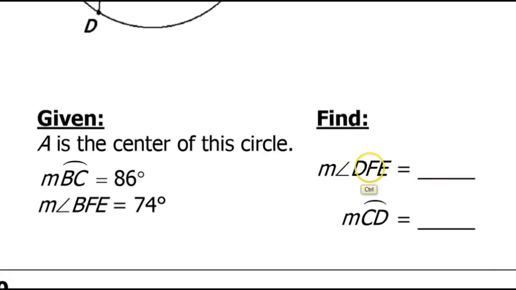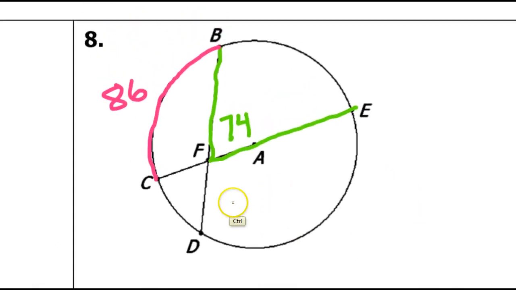Let's see. They're asking us for angle DFE. All right. DFE is right here. So, you know what? We can go ahead and find that now. So this is what we're given. And now they're asking us to find the measure of angle DFE. Angle DFE is this angle right here. Okay, they're asking us to find this. Well, I hope you can see that this chord BD is a straight line.